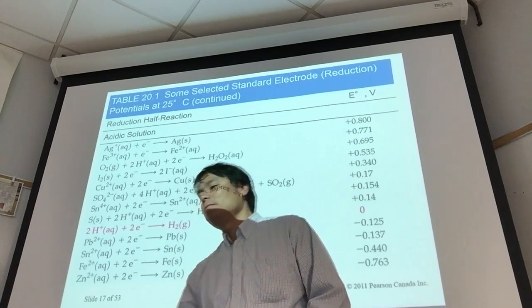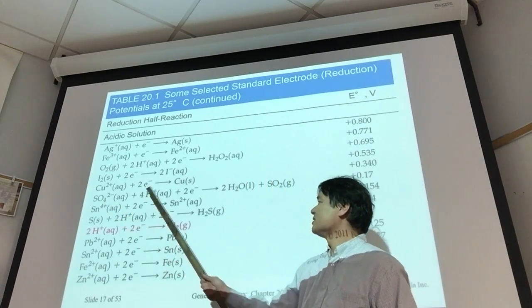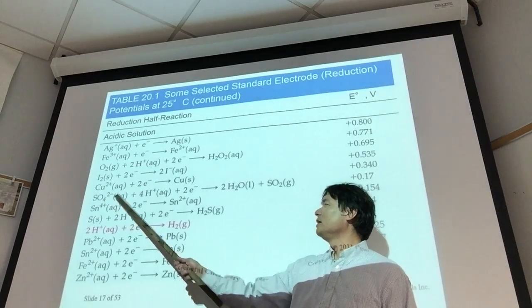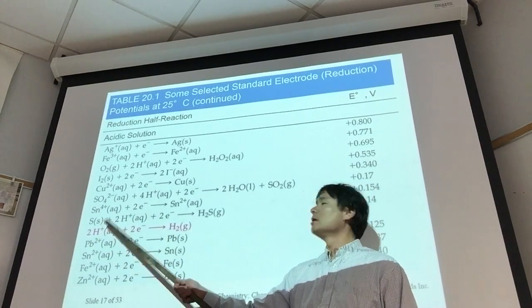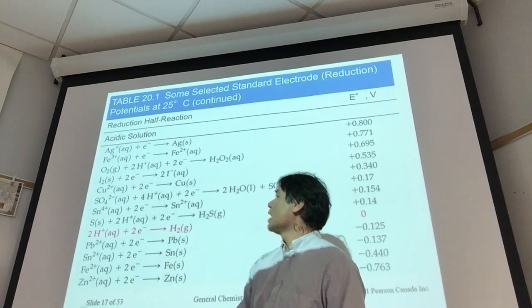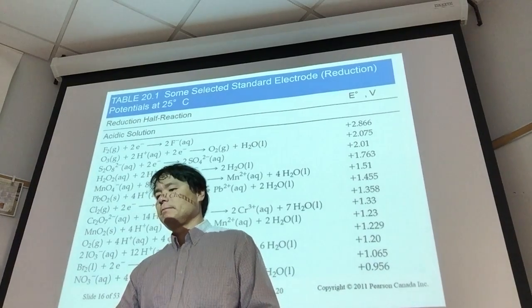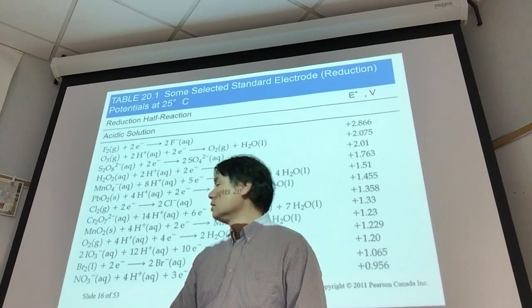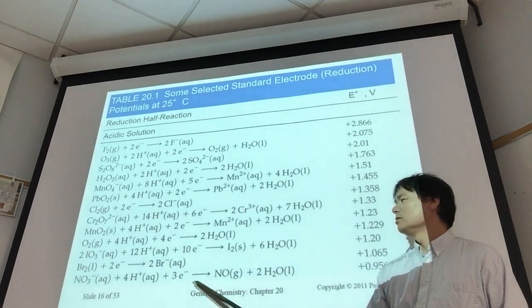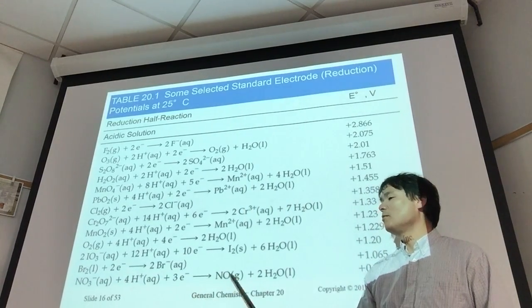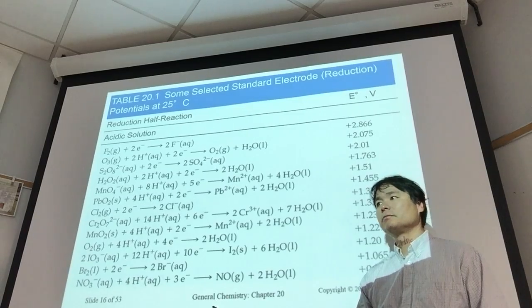For example, sulfuric acid is considered an oxidizing acid because sulfate in combination with H plus is a more powerful oxidizer than H plus alone. Nitric acid is considered an oxidizing acid down here. Nitric acid is capable of oxidizing a lot more metals than mineral acids are.